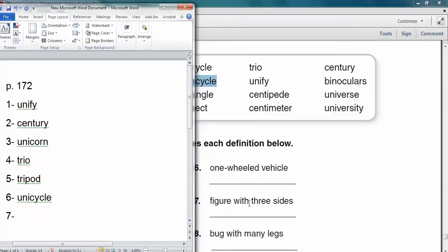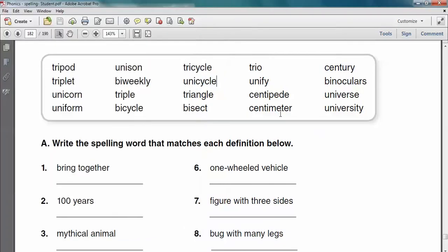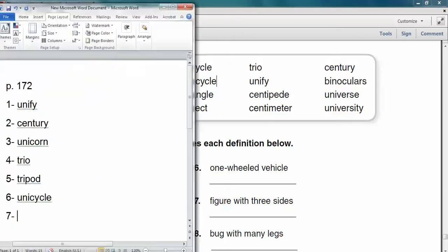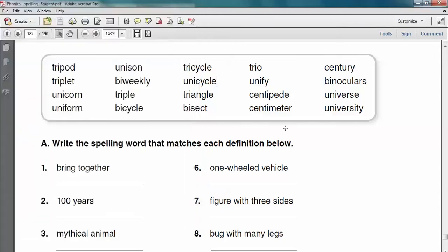Figure with 3 sides, a shape with 3 sides. Yeah, it is related to math, which is triangle. Number 8, bug with many legs. The only bug that we have is centipede.